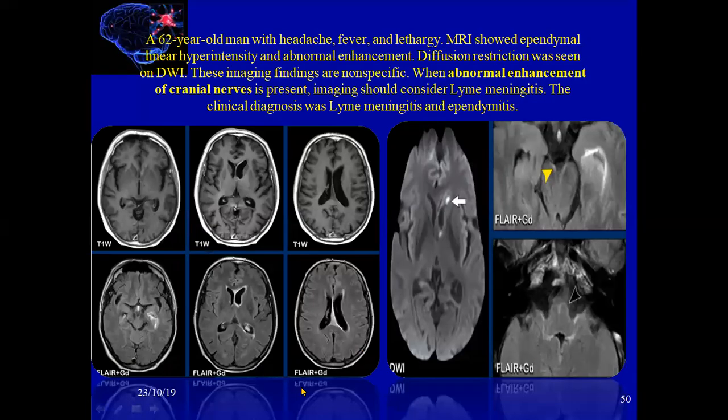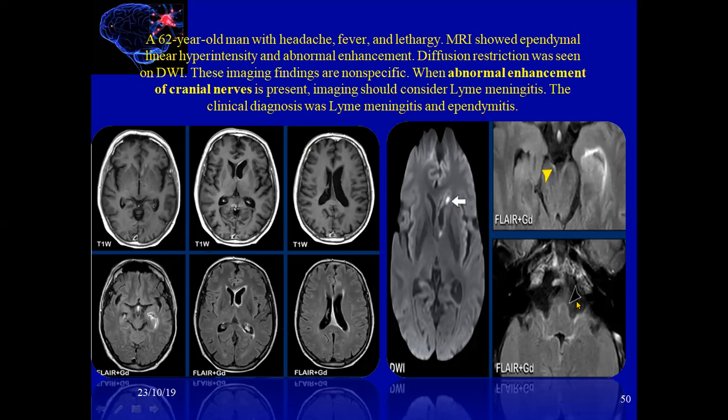Here, a 60 year old man with headache, fever, and lethargy. MRI shows ependymal enhancement and abnormal enhancement in the ventricular system. This image was not very specific, but there is abnormal enhancement of the cranial nerve in this area and also here.